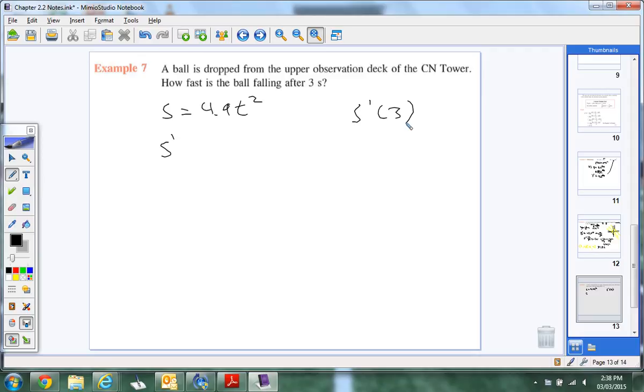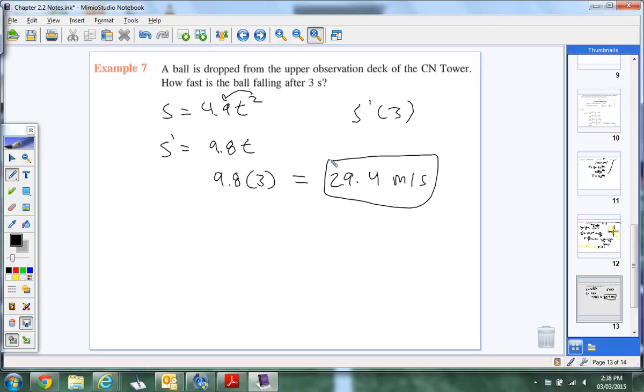Okay, so how do we find the derivative of this? Drop the 2 down. We get 9.8 t, because it's 2 minus 1. And now we simply plug 3 in. That's all you do. And you're going to get 29.4 meters a second is the speed of the ball at 3 seconds. And that's actually real. Like, you can do that. Okay, and that's it for today.